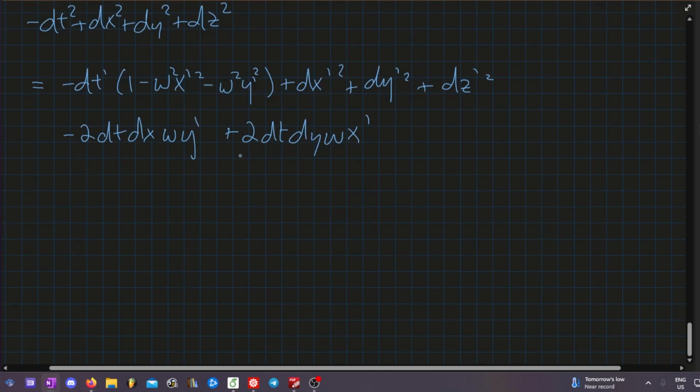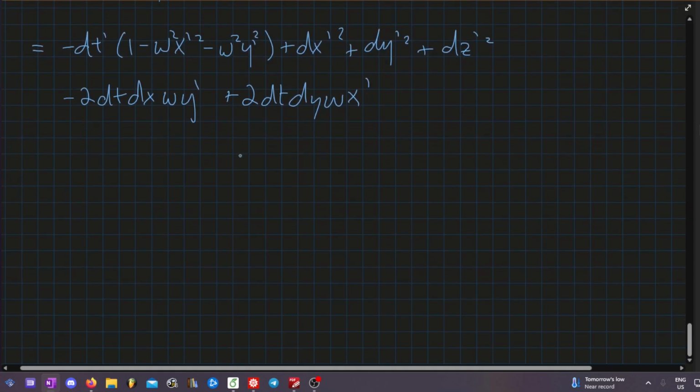So this matrix, or this metric as a matrix, has to be symmetric, obviously, so the way that we write this is like this. So that's our TT element.